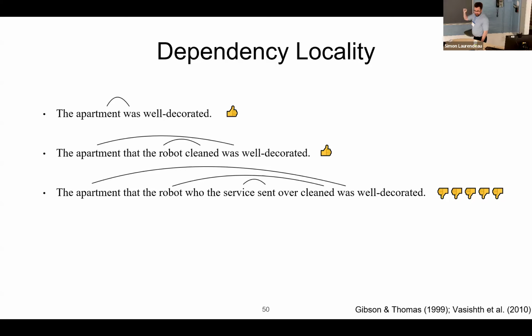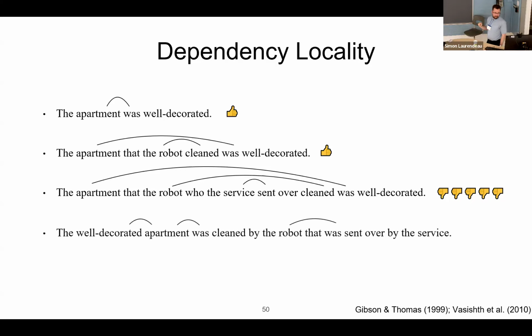It gives us another way to express this meaning. You could just say, "the well-decorated apartment was cleaned by the robot that was sent over by the service." This is now the same meaning, or close enough. It's easy to understand. The dependencies are short. You no longer have these long-term dependencies in the text.